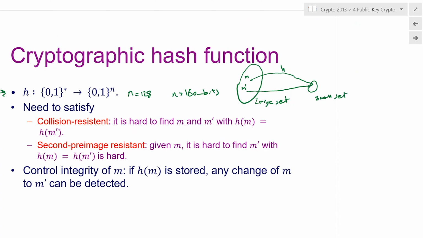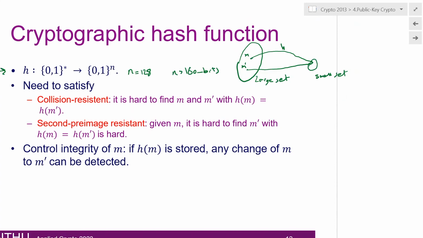So what makes this hash function a cryptographic hash function? It needs to satisfy these requirements. First thing first, it needs to be collision resistant. It should be hard for you to find two messages, M not equal to M prime, but their hashes are equal.